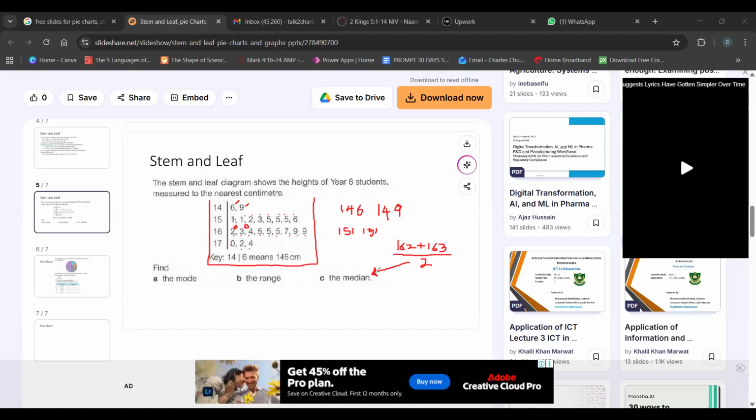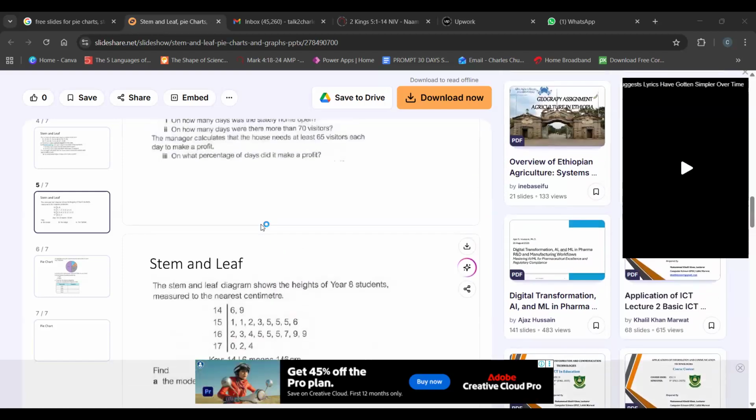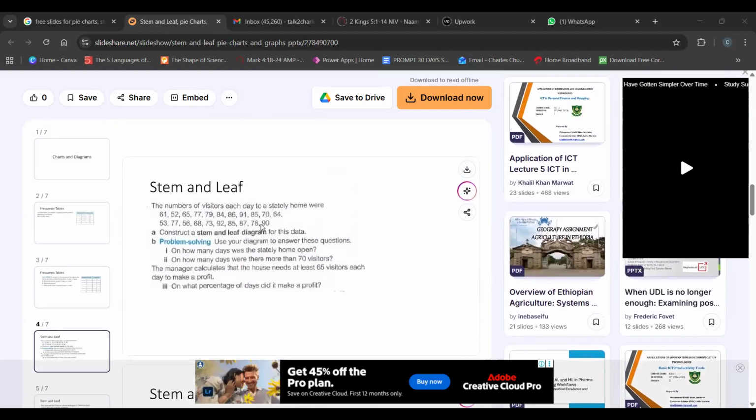So getting the stem and leaf diagram, it's quite straightforward to you, right? If you are given data like this, the one in the previous question, and you were to create the stem and leaf diagram, can you do it yourself?